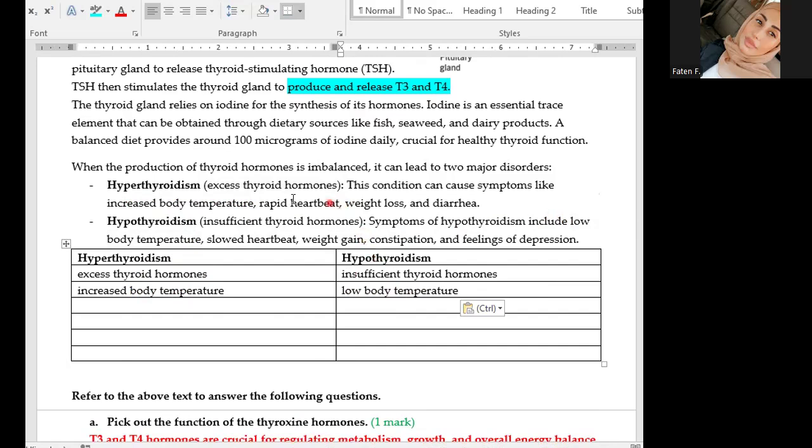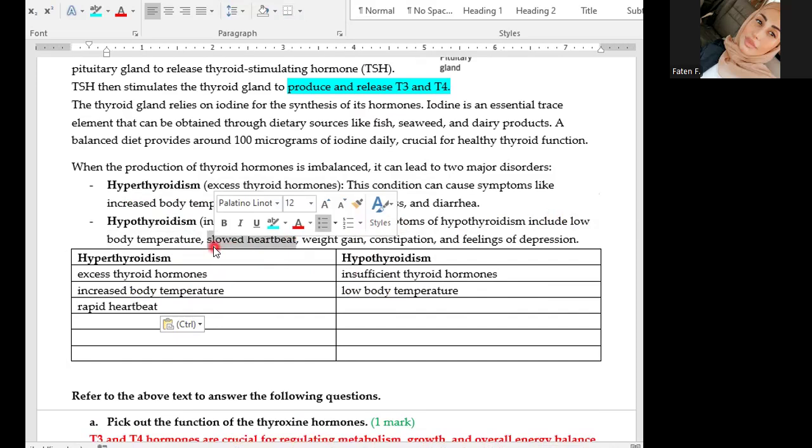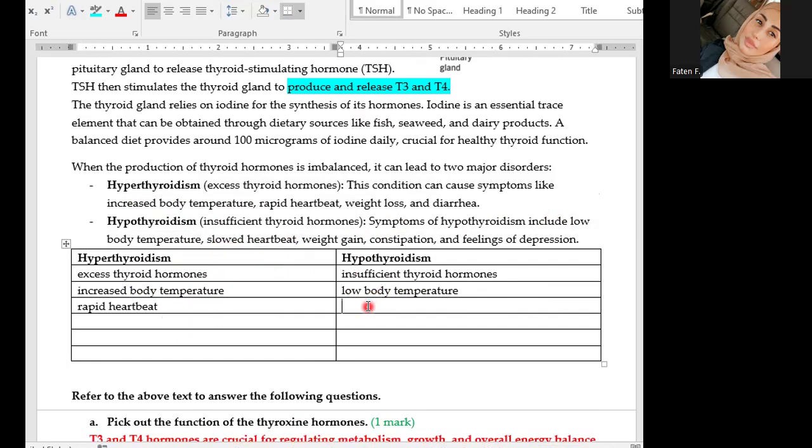Okay? In hyperthyroidism, rapid heartbeat occurs because metabolism is high and we need more nutrients and oxygen, unlike hypothyroidism where the metabolism is low and there is a slow heartbeat. Since metabolism is high in hyperthyroidism, I have weight loss. But since the metabolism rate is low in hypothyroidism, I have weight gain.